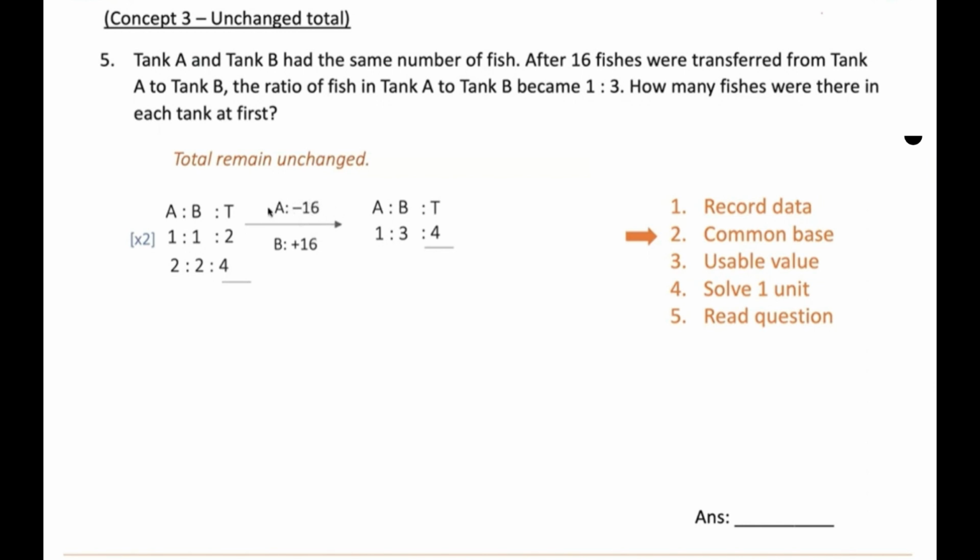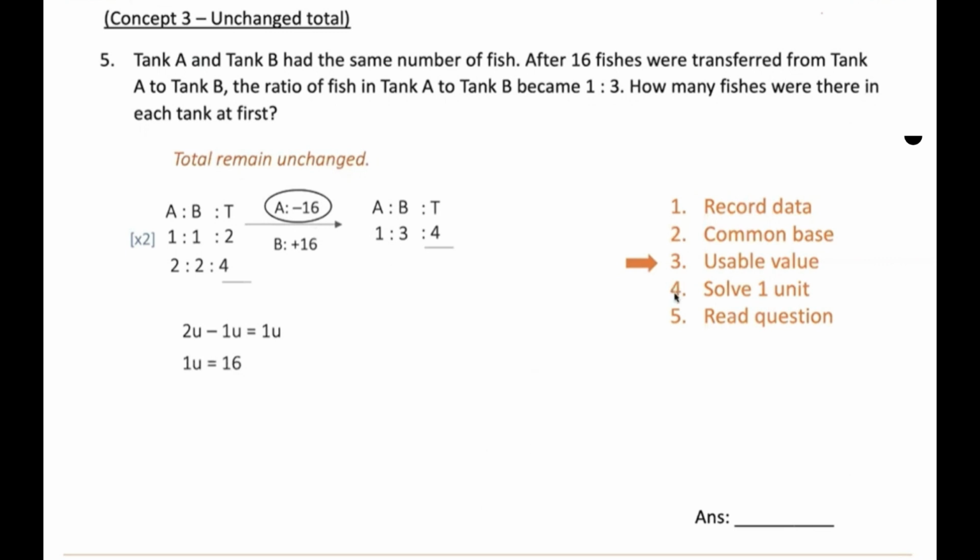Okay, this 16 relates to A. Then just focus on A. A at first is 2 units, and in the end is 1 unit. Okay, 2 and 1. Meaning A has dropped by 1 unit. And the drop of 1 unit must relate to this 16 because this 16 is A minus 16. So 1 unit is 16.